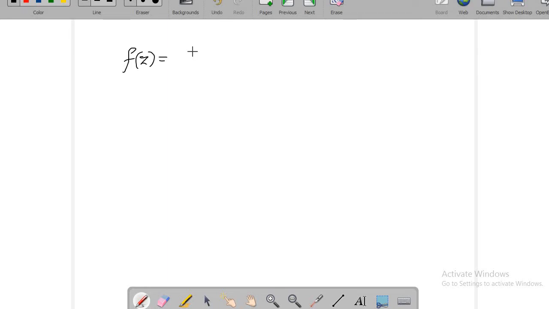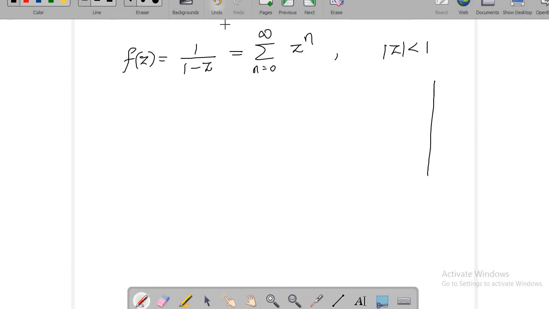Let us take the standard one, that is 1 by 1 minus z. You know the expansion here, summation z to the power of n, n equal to 0 to infinite. You know that it is valid only when mod z is strictly less than 1. Here I have the y-axis and x-axis, and this is the origin.